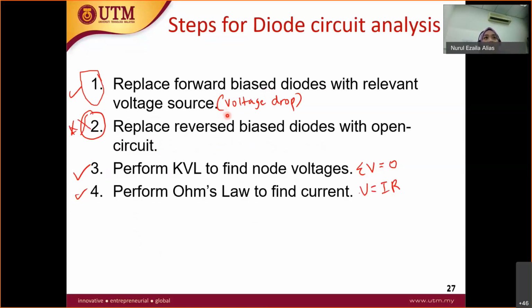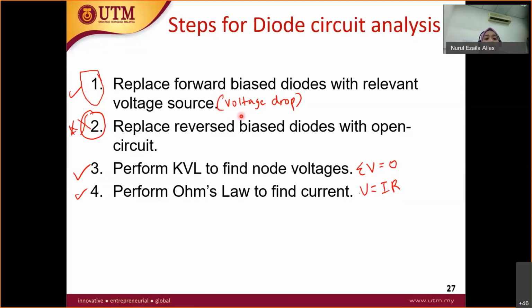If you find out that the diode is in forward bias, it has a voltage drop. For example, if it is a silicon diode, then the voltage drop across that diode is 0.7 volt. It depends, but usually the voltage drop will be given in the question. Sometimes the voltage drop will be 0.6 and sometimes could be 0.7 volt.